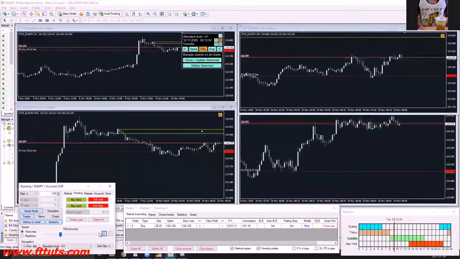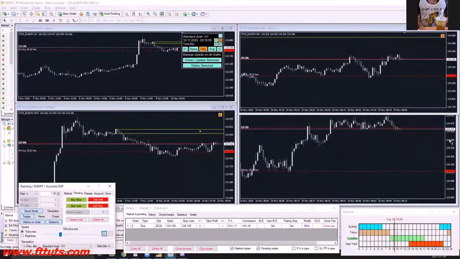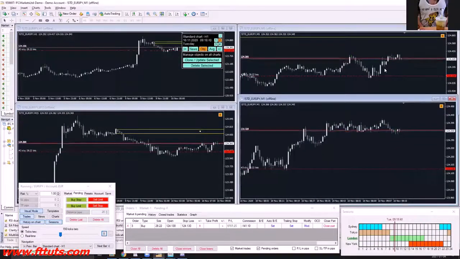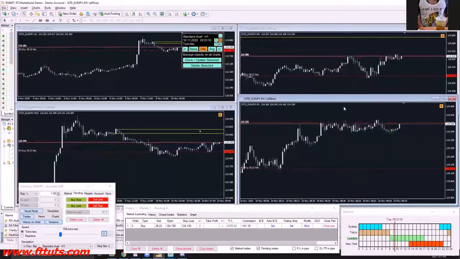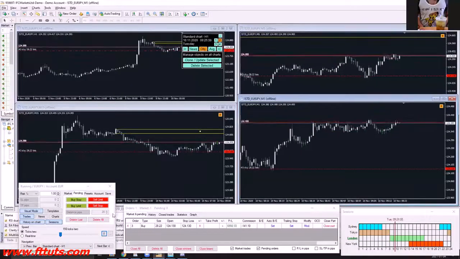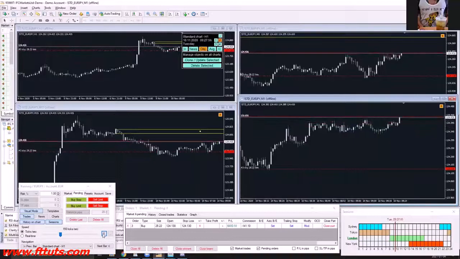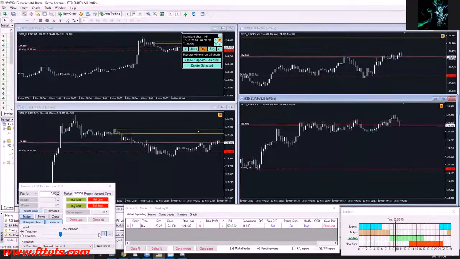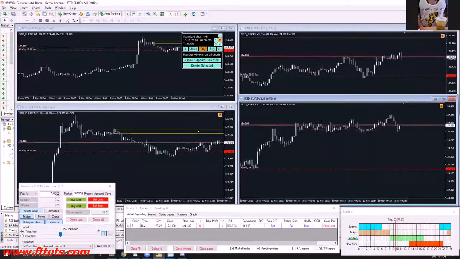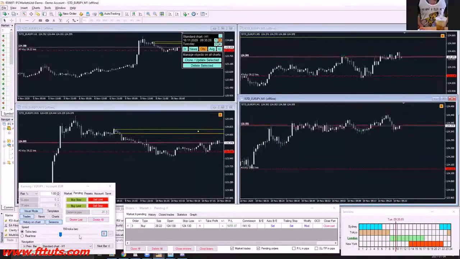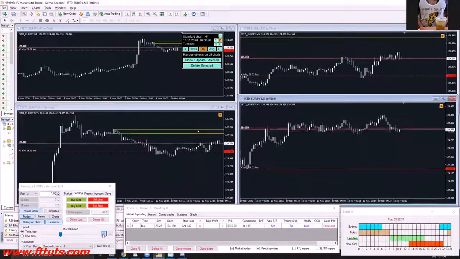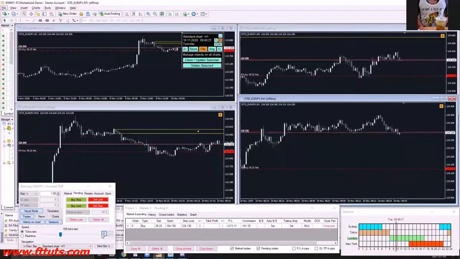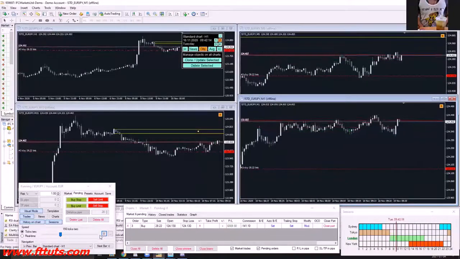Double top, equal highs. It's just what retail traders see, right? Stuck in a choppy little range at the moment. It's kind of rough right now. It's building a lot of liquidity.